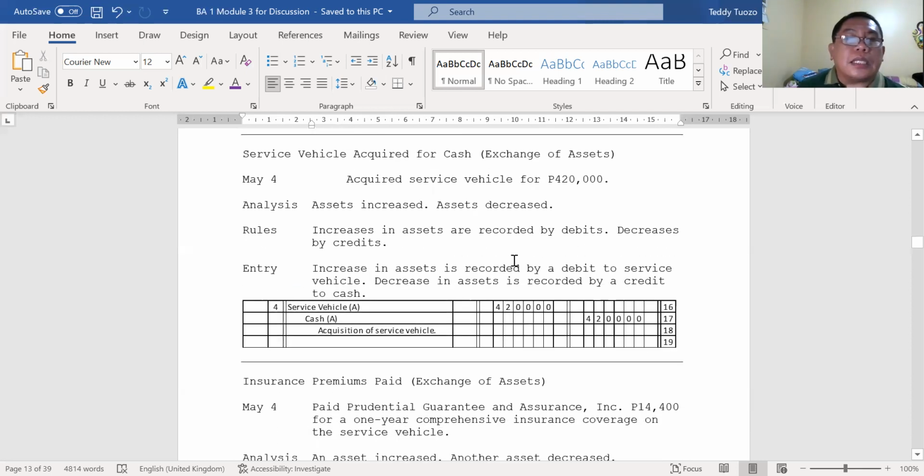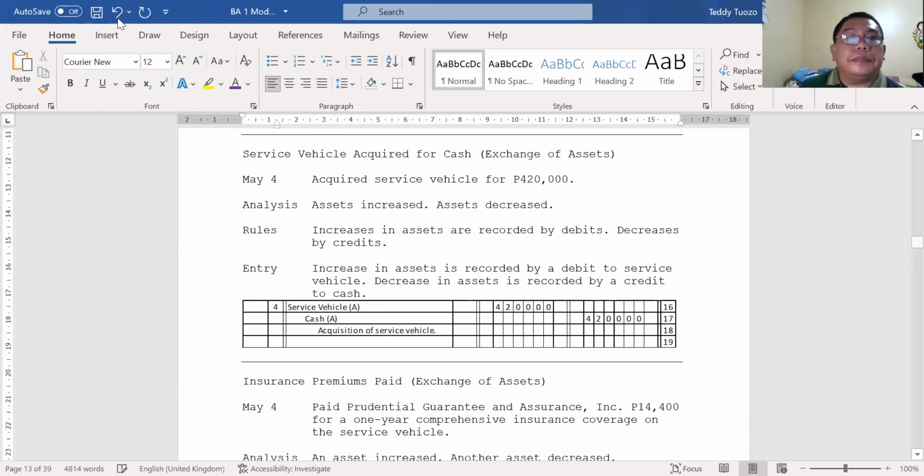Next, the service vehicle you acquire on May 4. On May 4, acquired service vehicle for 420,000.